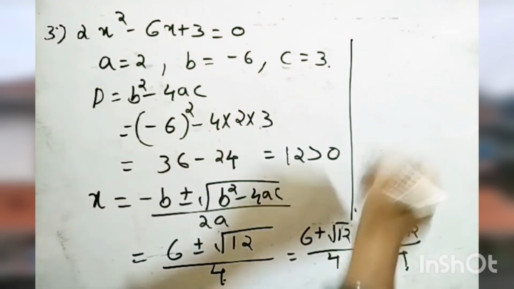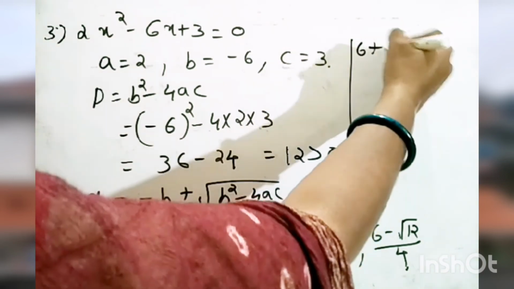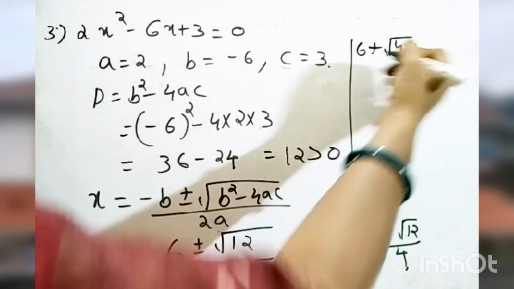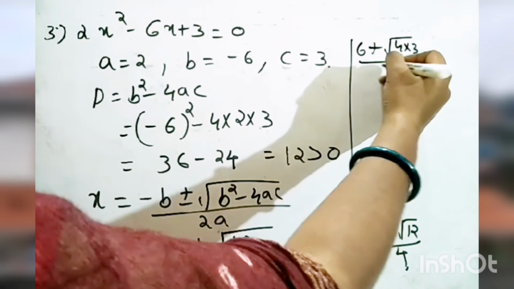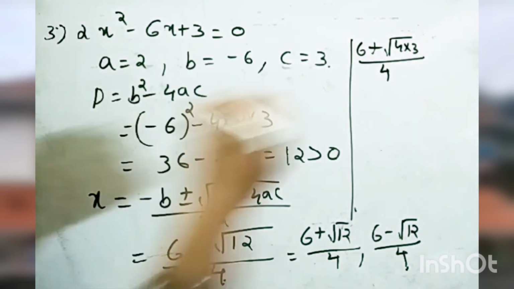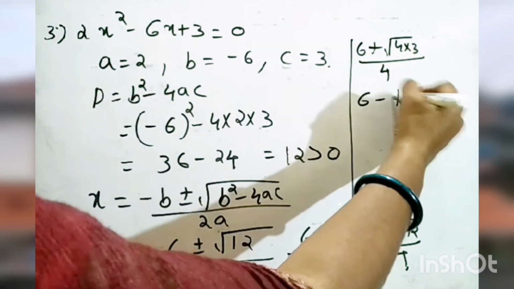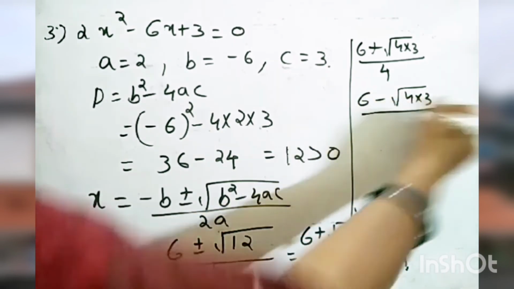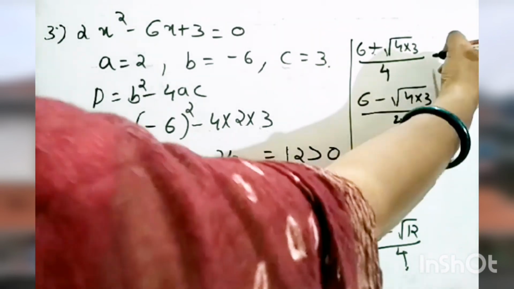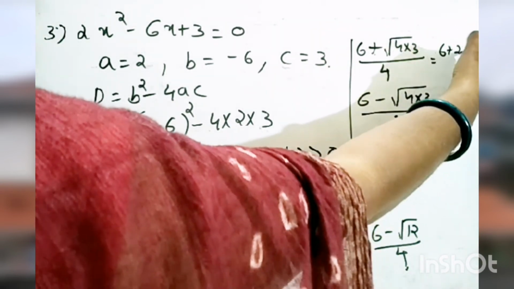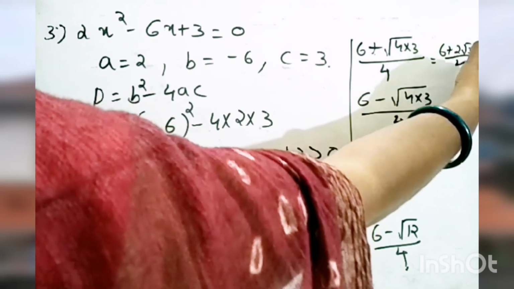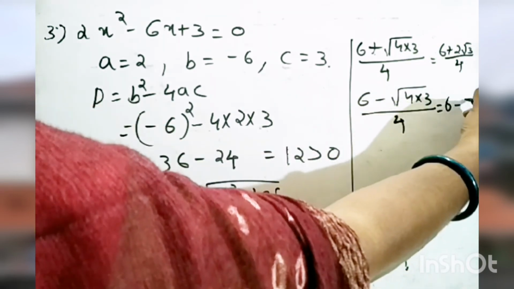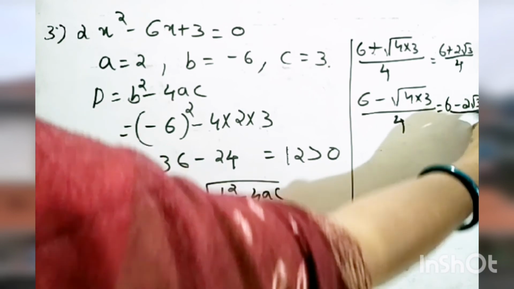Because this root 12 we can write as root of 4 into 3, divided by 4, and 6 minus root of 4 into 3 divided by 4. The first one becomes 6 plus 2 root 3 by 4, and the second one becomes 6 minus 2 root 3 by 4.